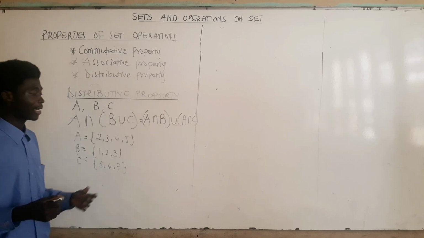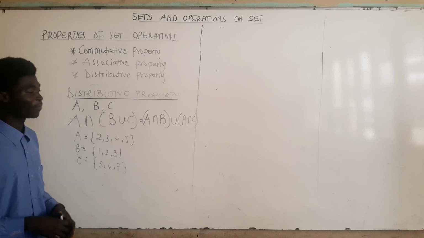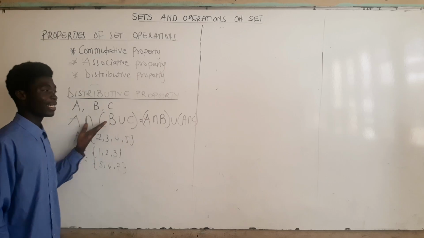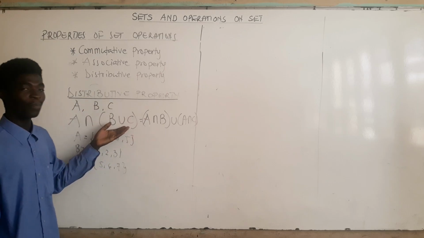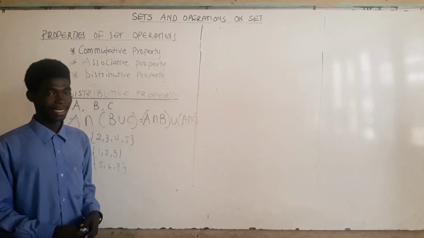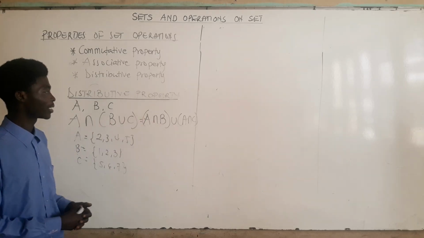So this is just an example. Let's prove this distributive property here. The first one, as I said, is the intersection distributing over the union, and this side, the union distributing over the intersection. Now let's prove the results.